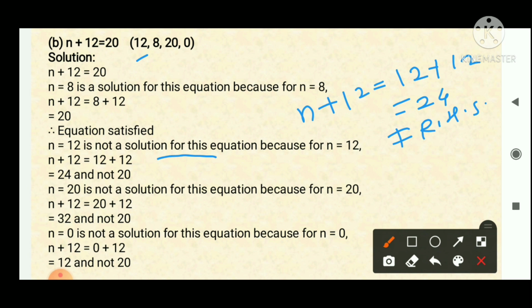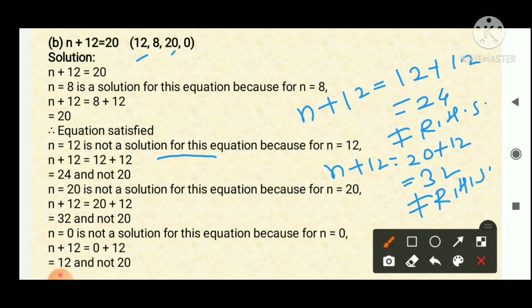Next, the value of n is equal to 20. So we put n plus 12 is equal to 20 plus 12 is equal to 32, which is not equal to the right hand side. So here n is equal to 20 is not a solution for this equation.